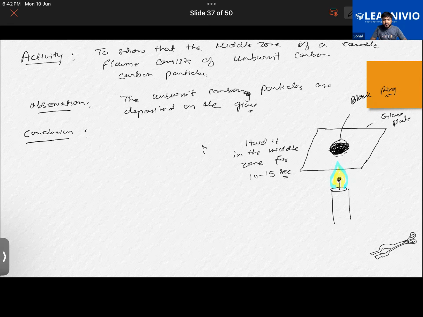And what do we conclude from this? This basically shows that partial combustion is taking place in the middle zone.